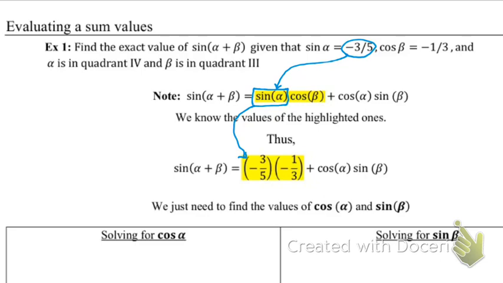Then we have our cosine beta equaling negative 1/3. Just to be clear, sometimes they'll give me cosine alpha. There are times where you're filling something in over here. So you have to write it out and then see what information you are given first. So my cosine beta is now going to be negative 1/3. So I plug negative 1/3 in place of cosine beta.